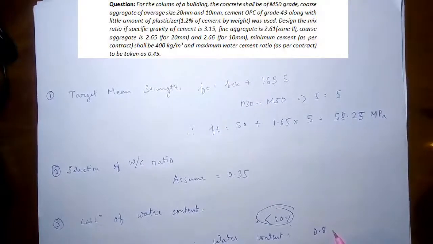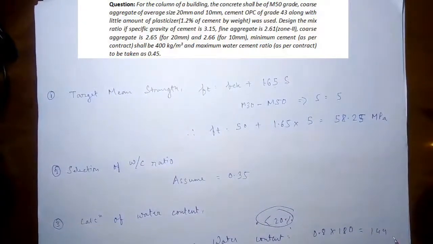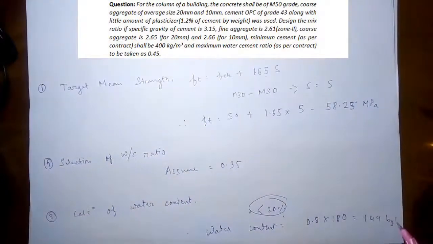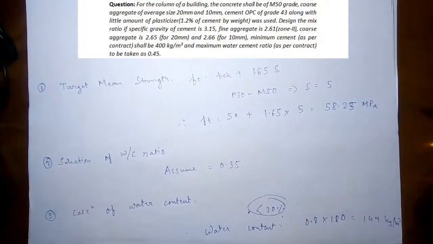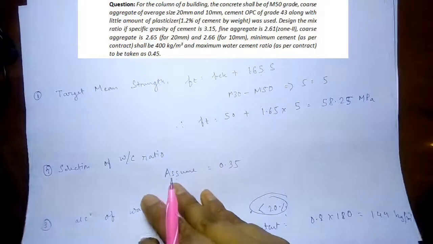So 0.8 times 180 is equal to 144 kg per meter cube. So this was our water content, that is 144 kg per meter cube.